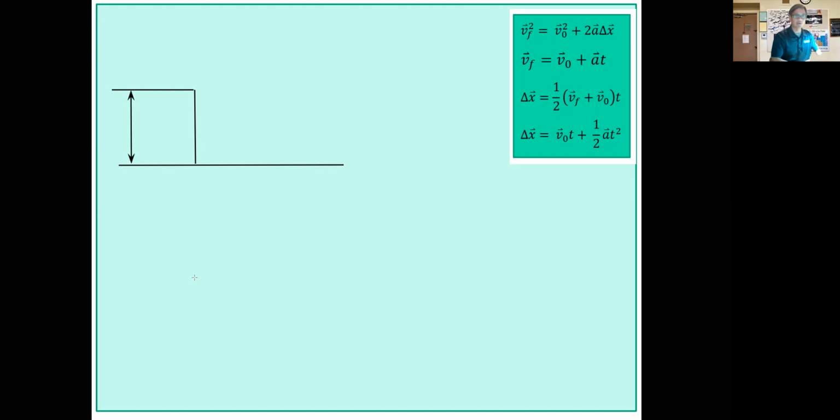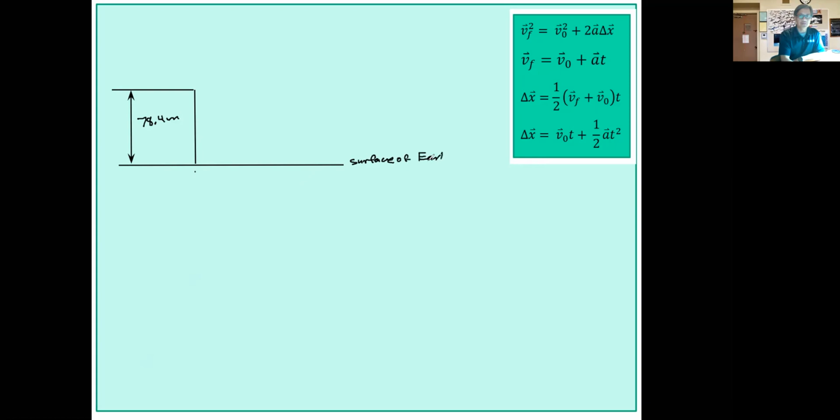That's how high up it is. We were told that it is starting at a position that is 78.4 meters above the surface of the earth. So this bottom line down here is the surface of the earth.